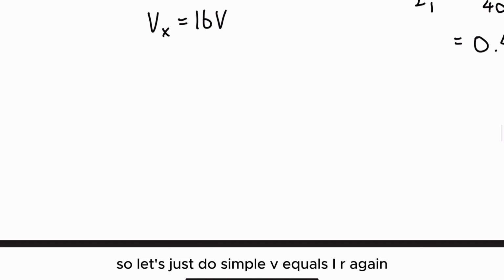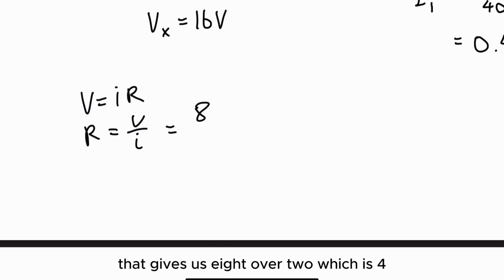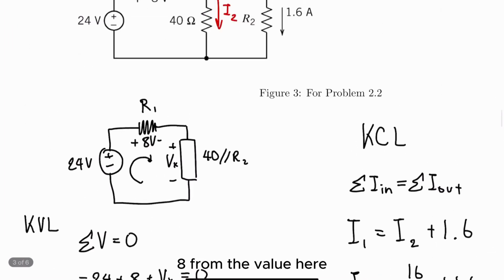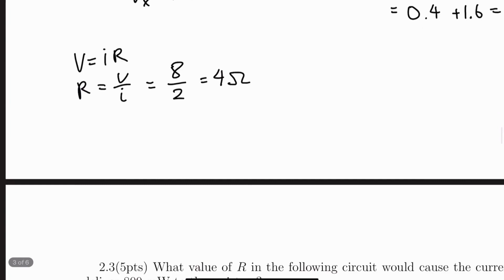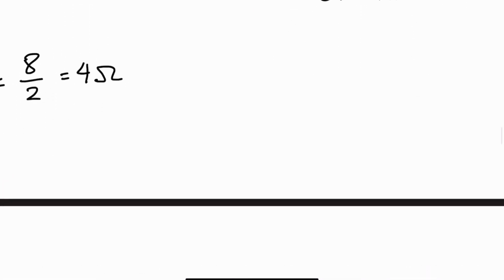So let's just do simple. V equals IR again. R equals V over I. And that gives us 8 over 2, which is 4 ohms. 8 from the value here and 2 from the value we calculated. And for R2, we can do the same thing.